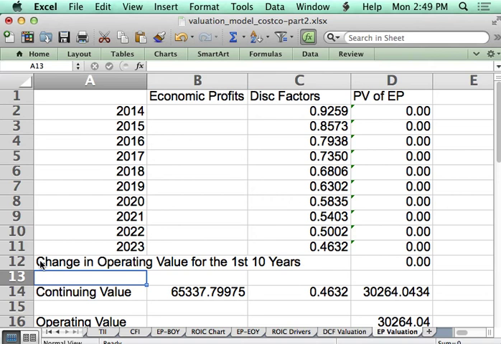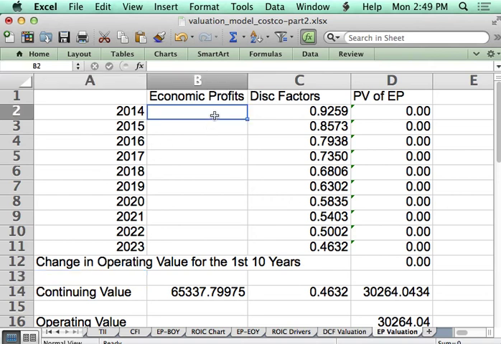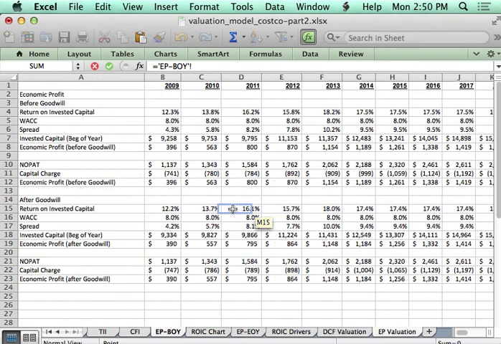So back to the economic profits for 2014, I forecasted that. It's on the EP keyword BOY, beginning of year tab. So for 2014, off the EP BOY tab, economic profit after goodwill. Column G, row 23.